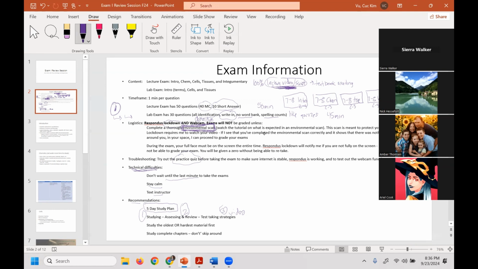Okay. So for example, when you're doing the assessing and reviewing, you can print out another worksheet. And when you're doing the worksheet, you can do it like this. This is my recommendation for students. Take out the worksheet for each chapter and do it once without any notes.